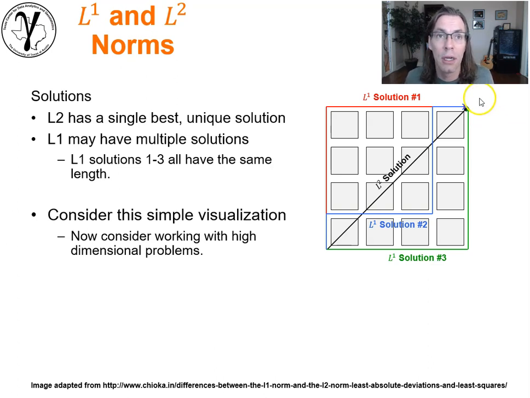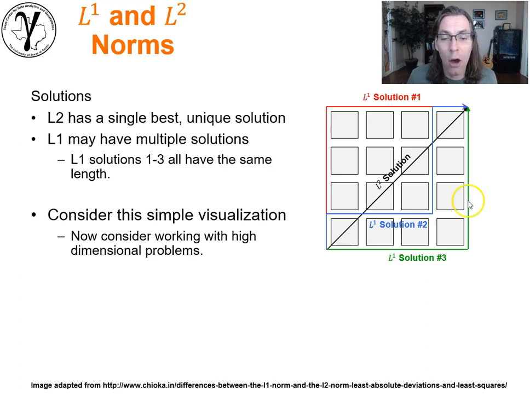In other words, it is simply taking the sum of the differences, and if you look at every one of these paths, this is solution number 1, solution number 2, solution number 3, they would all have the same L1 norm. Their distance would all be the same.